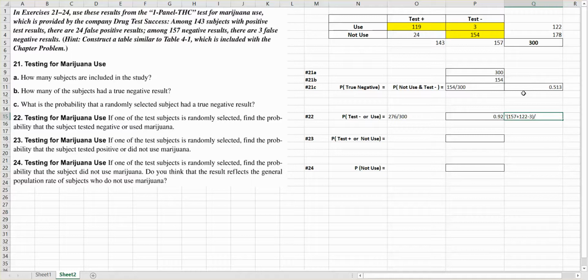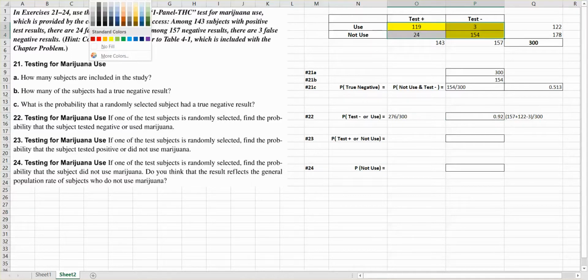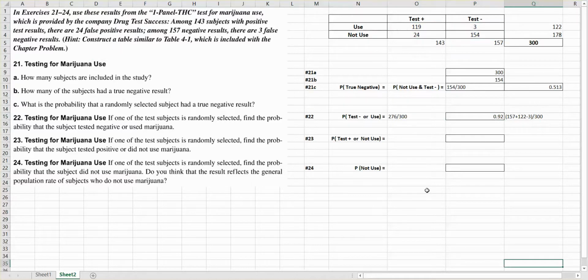And then if we divide that by the 300, that will again give us our 276 out of 300, or our 92%. So whether you want to do it intuitively, or using the formal addition rule, they will both lead you to the same answer. Let's clear that out for the next one.